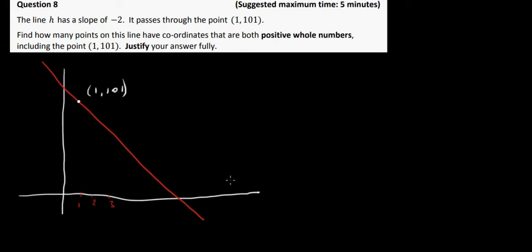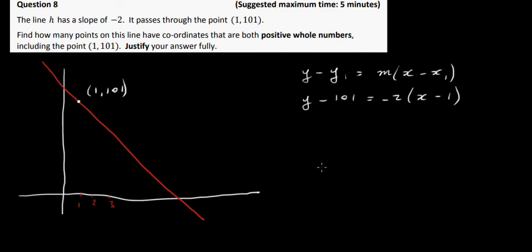Well, okay, let's do a little bit of investigating here. What I'm going to do is write down the equation of this line first and see what we can do with that. So the equation of a line is y minus y1 is equal to m into x minus x1. We have a point on this line, so our y1 is 101, our slope is -2, and we have a 1 as our x1.